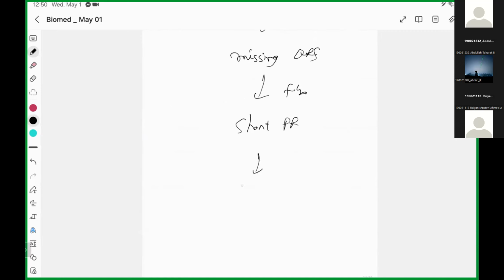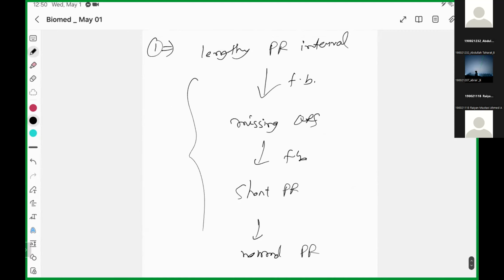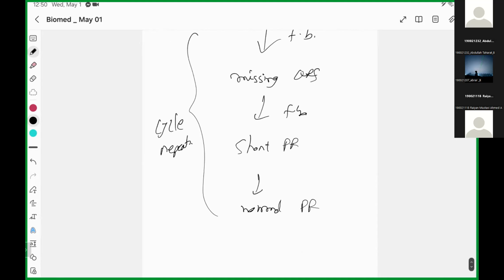Then you have a normal PR. And this entire cycle repeats. So first you have a lengthy PR interval, then a missing QRS, then short PR, then normal. So this is called Mobitz type 1. Okay, this is one type of heart block, second degree heart block.